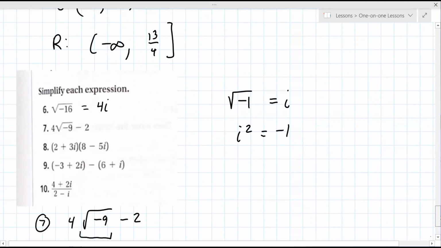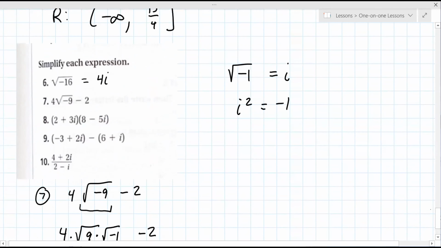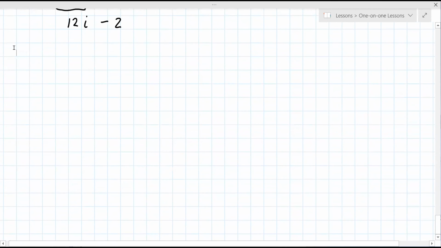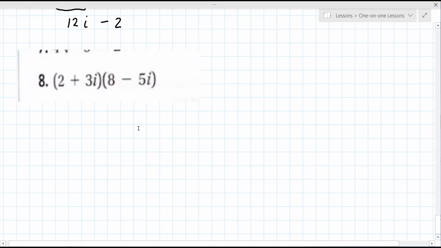Okay. All right, so number 8. Number 8 is a FOIL question. If you were doing number 8 with x's, you would know that you would just FOIL this. So I'd like you to try and FOIL this because you know how to do that. I'll give you 30 seconds here. And I'll just remind you that i squared equals negative 1. Give that a try, please.